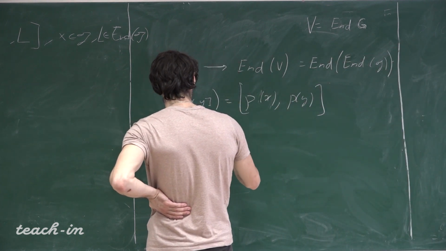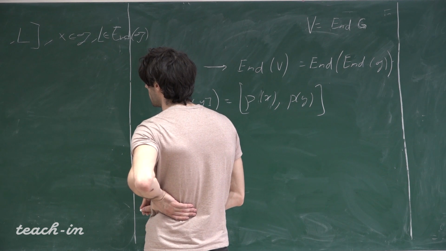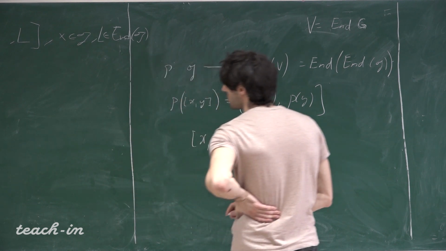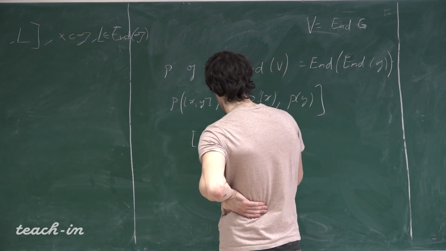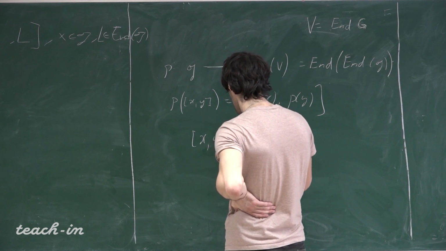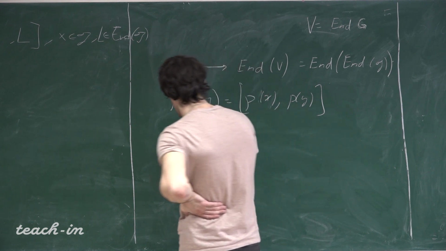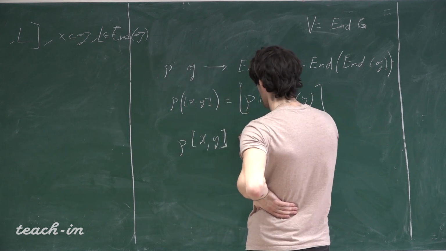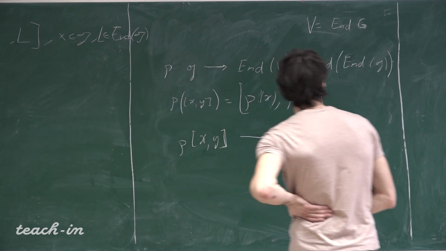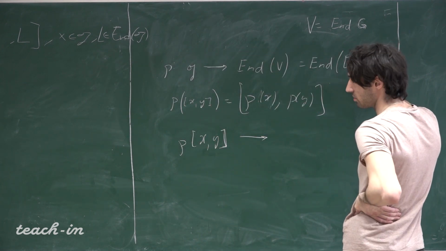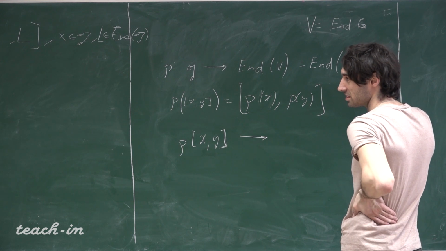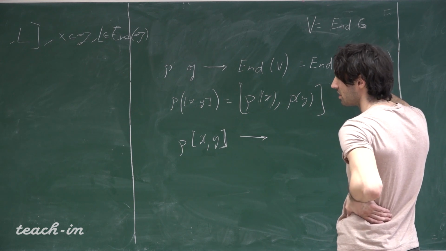So a bracket here, right? The bracket here should go to some linear transformation of endomorphisms of G, right? Okay.